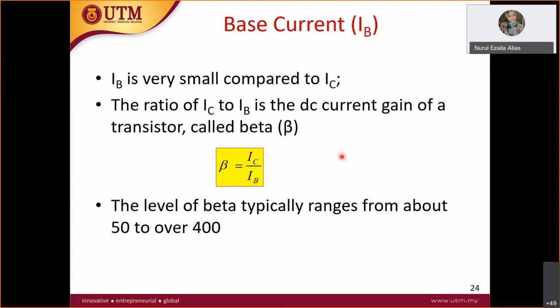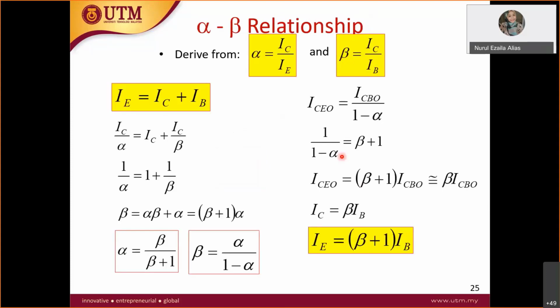So from this equation, beta is equal to IC over IB. If you are given IB and beta, you can straight away calculate IC. Let's take a look at an example later. So this is the alpha-beta relationship.